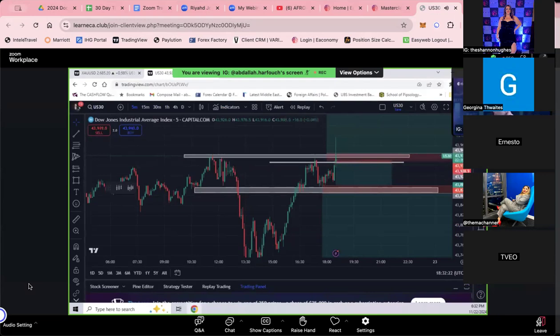I lost this trade. Let's see. Let's see another chance. It went down. We took it and we closed it. I will just give it another chance, a second chance, if it breaks down.